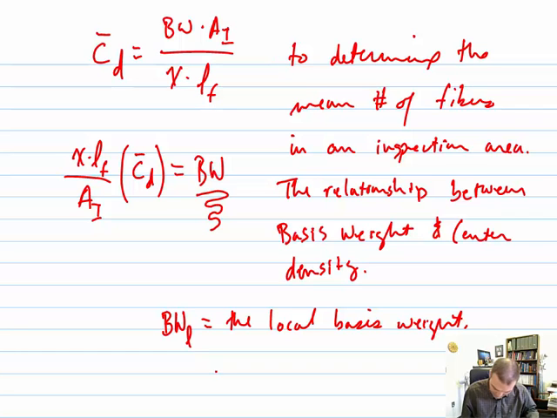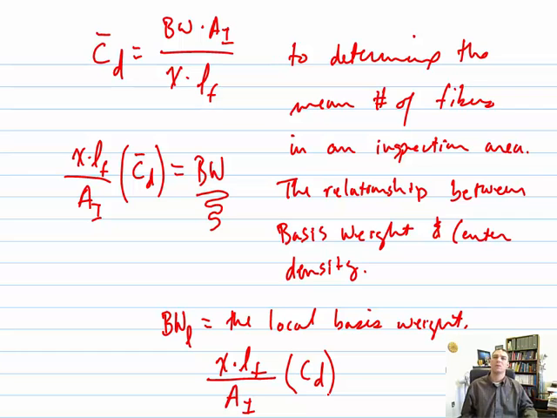How would we determine that? We take X, L sub F, A sub I, multiply this by center density, not the average center density, but what the center density is for the individual points, and this will give us a local basis weight.